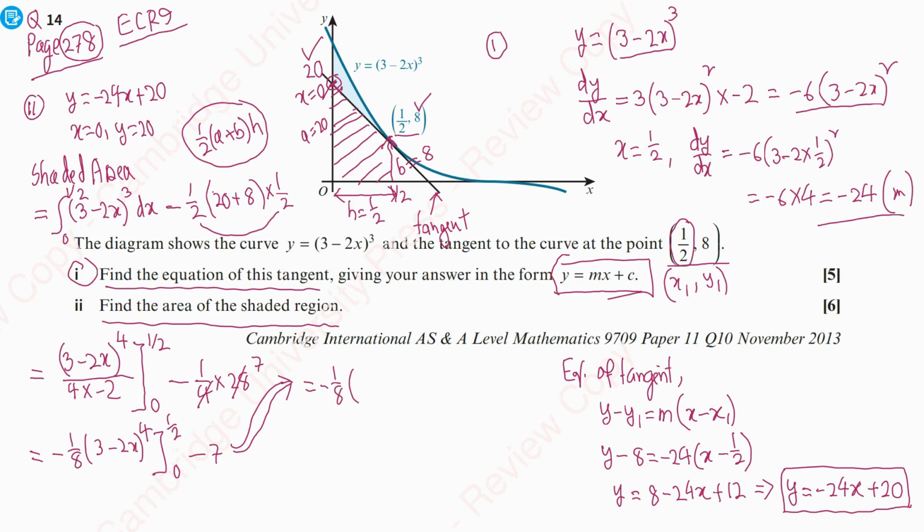Half, 2 into half is 1, 3 minus 1 is 2. So we get 2 to the power 4. The other value is 0. If we place 0 here, it should be plus 1 by 8, since it is upper limit minus lower limit, and the value becomes 3 to the power 4, and then minus 7.